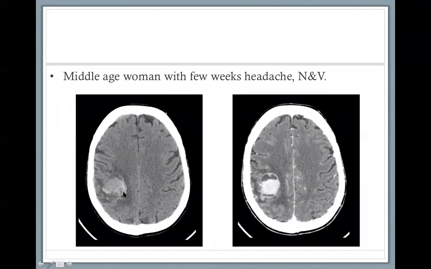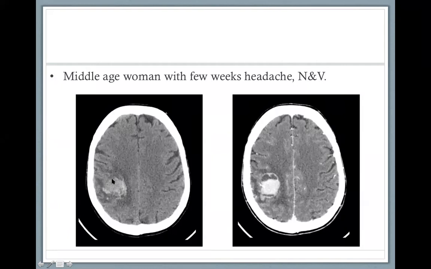It has a relatively higher attenuation, either because there was blood, tumors often bleed, or because it just has more tissue in it, or maybe even calcification. So this is the abnormality. It's located in the right cerebral hemisphere. It's a big mass.